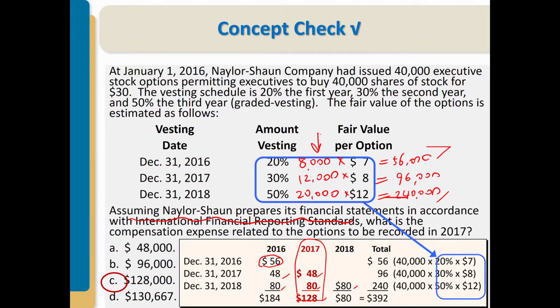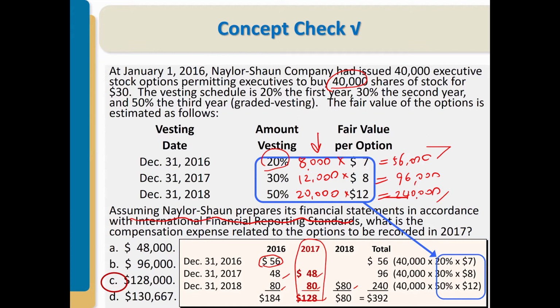From the 2016, how can you get the number from the vesting? It said 20%. Total is 40,000. Not this part, the downstairs explanation. So 56, 48, and 80.